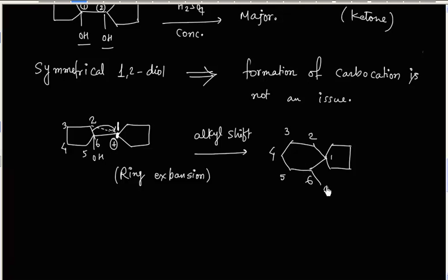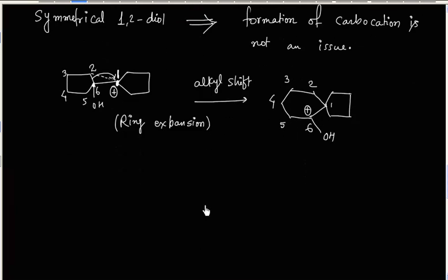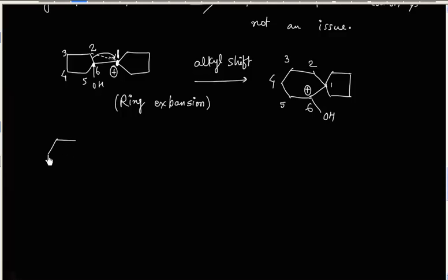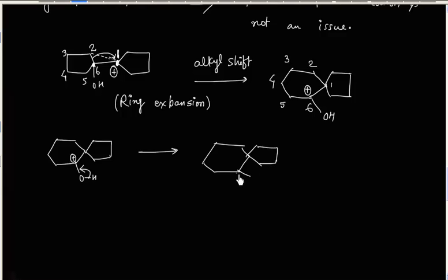Carbon number 6 will have an OH group, and there is a loss of a bond at carbon number 6, so it will have a plus charge. So we have a 6-membered ring, and then we have a 5-membered ring. In the next step, we can lose H plus to generate a ketone. So this is the final product we have.